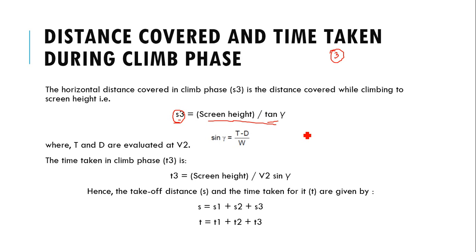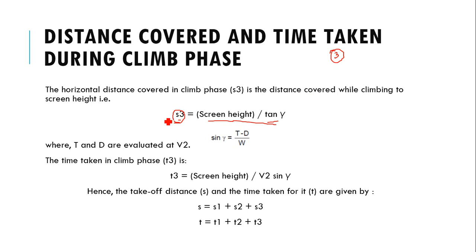Normally we know sin gamma equals T minus D divided by W. From that we can put the time taken for climb, T3, equal to screen height divided by V2 into sin gamma.